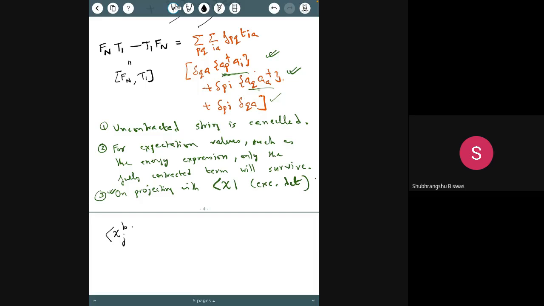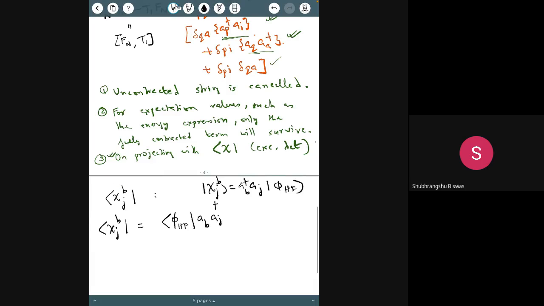So how can I write chi j to b? That is equal to phi Hartree Fock, and you will have AB AJ dagger. Okay, because this is the adjoint of chi j to b, that is AB dagger.